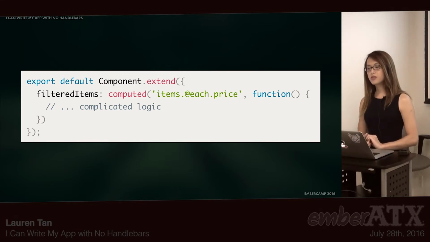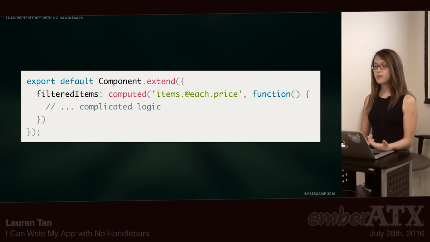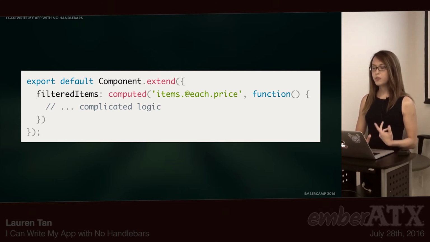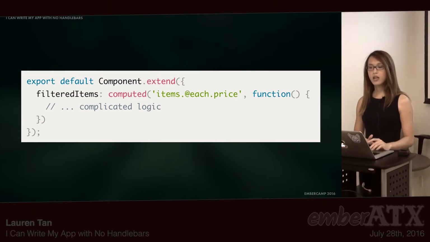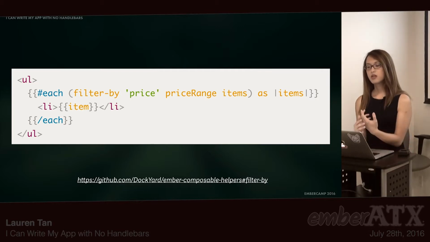Another way to look at helpers and to think about them is to think of them as computed property macros. If you find yourself doing a lot of boilerplate and repeating yourself a lot, it could be a good candidate for being extracted into a reusable helper. For example, many generic computed properties can be replaced with helpers.